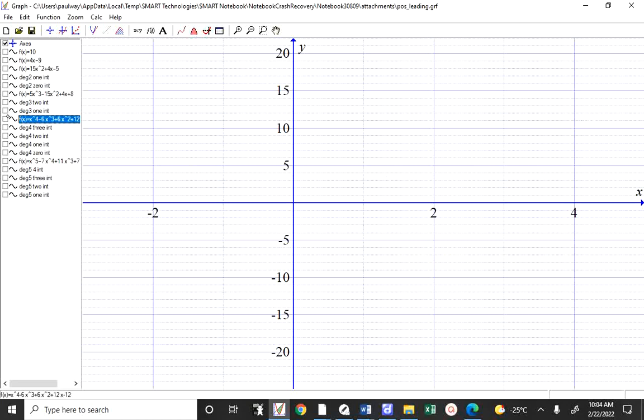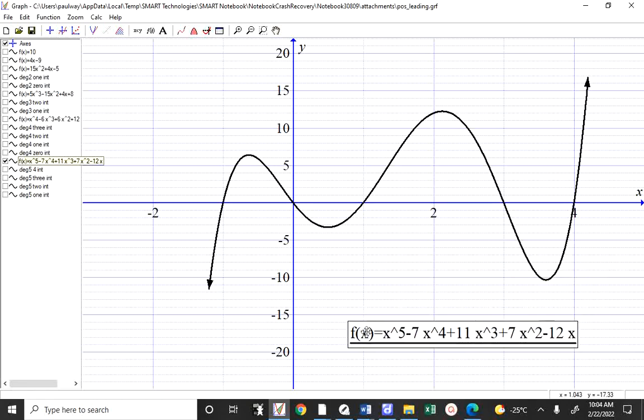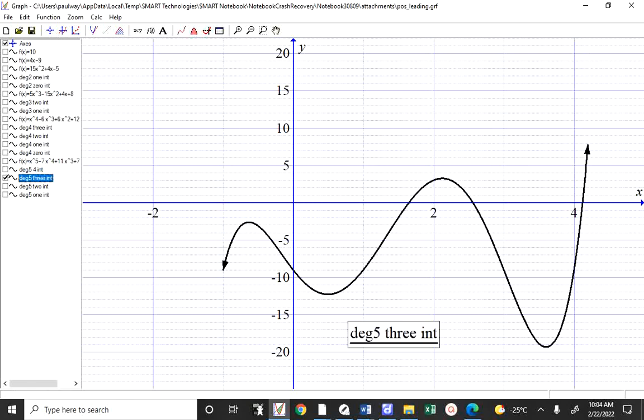Let's go to degree 5. I think you get the idea, but there's a degree 5, and if you count the x-intercepts, you will see there are 1, 2, 3, 4, 5. Could we have 4? Sure. It still has that shape. Could it have 3? Yeah, I can move it up and down to get 3.